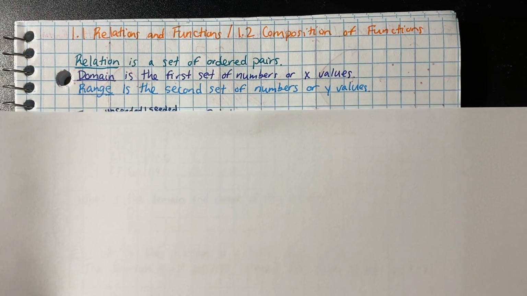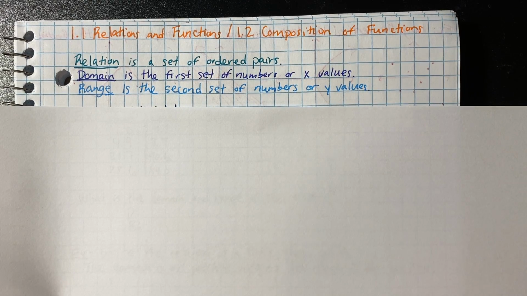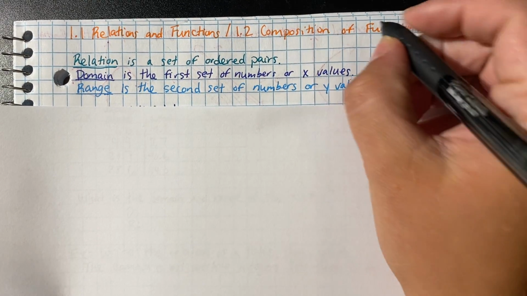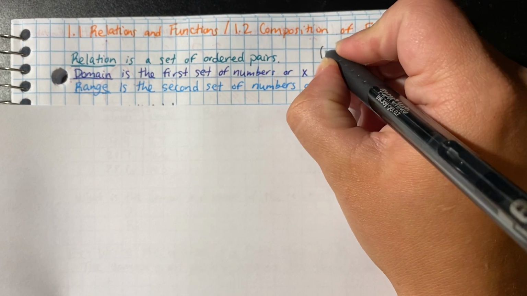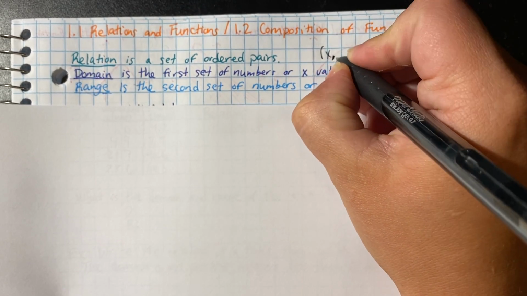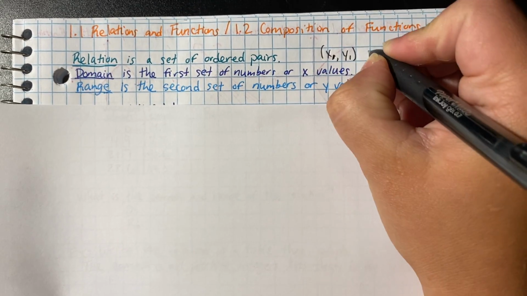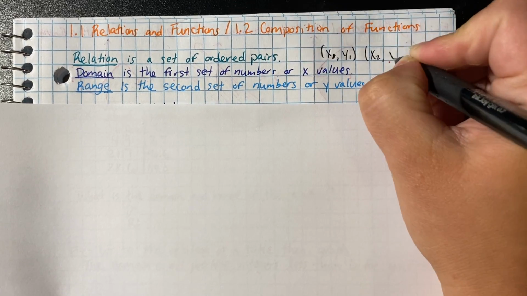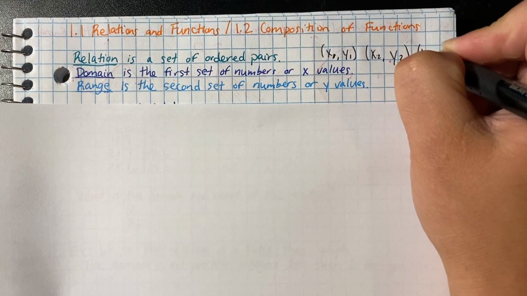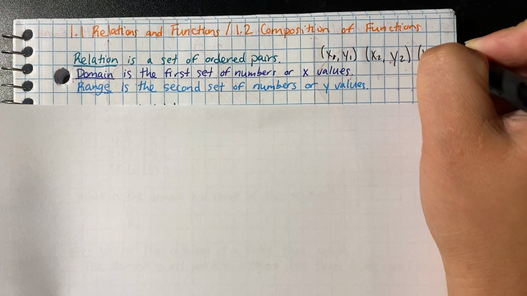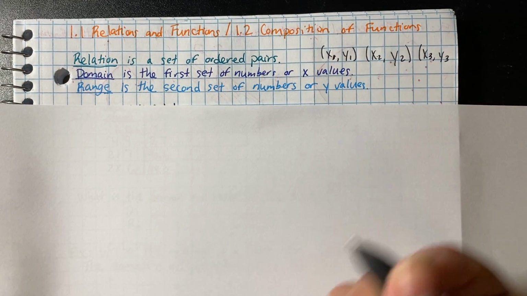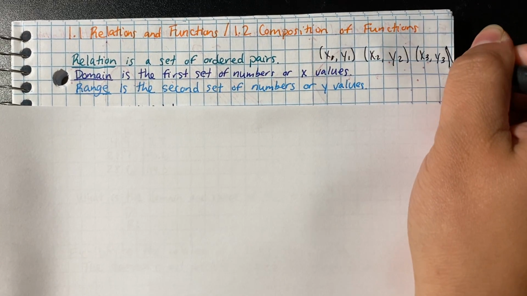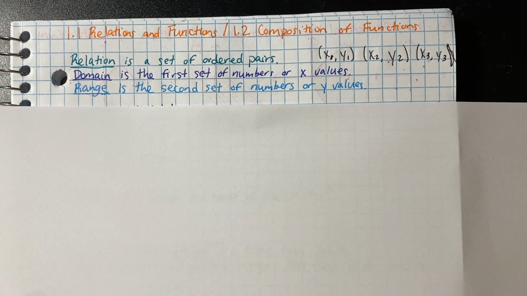And the range is the second set of numbers or the y values. So I'll just give you a quick example. So I'll say x1, y1, x2, y2, x3, y3. Okay. So that's a relation right there.